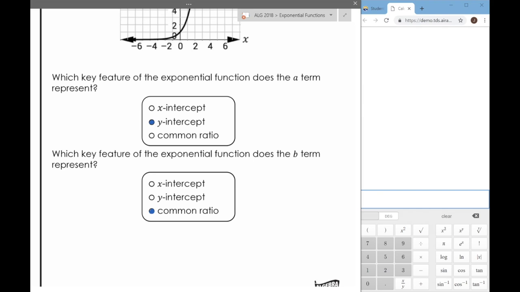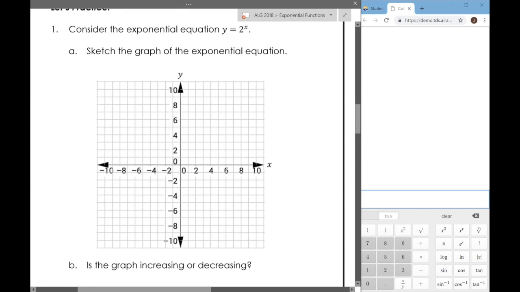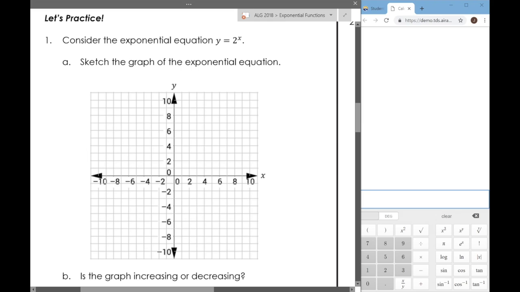All right. Let's drop down to the next page. Let's practice. So consider the exponential function y equals 2 to the power of x. So first of all, we have 2 to the power of x. So like we just learned, this number and the number attached to x is what we call b.